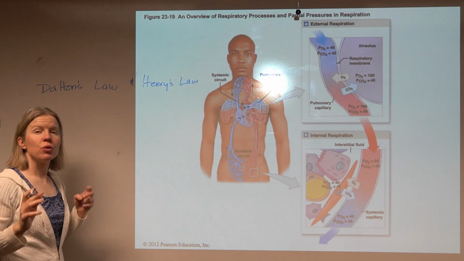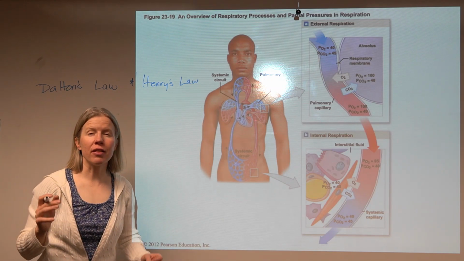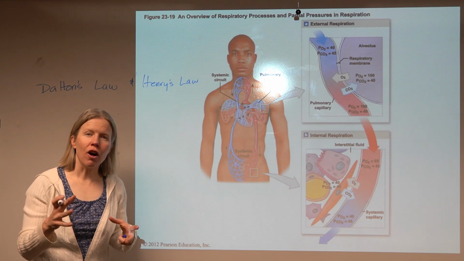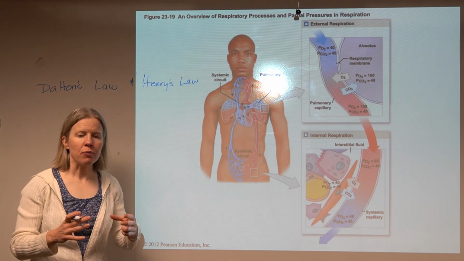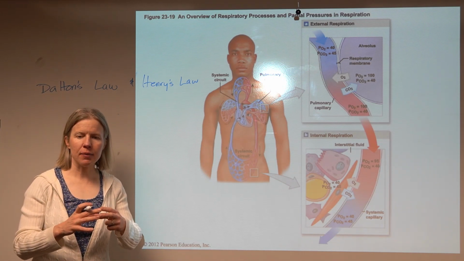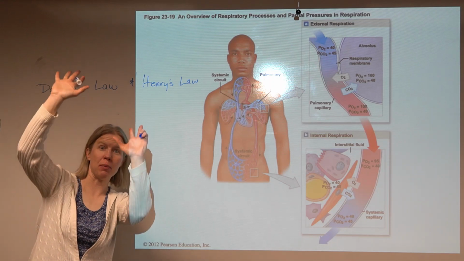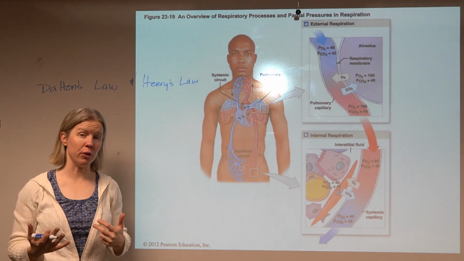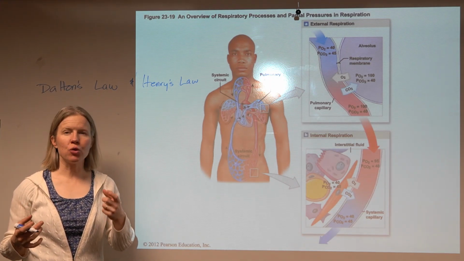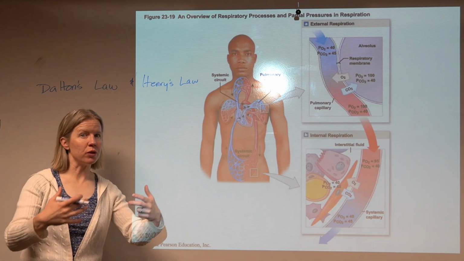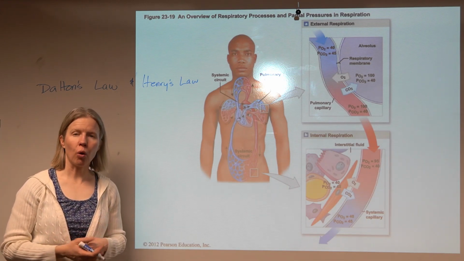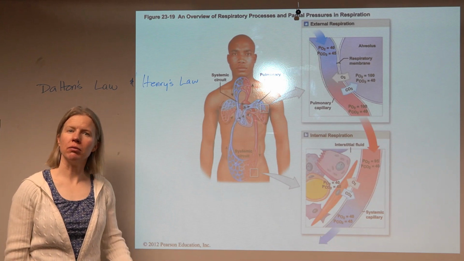Okay, so Dalton's law, I call it the duh law, but Dalton's law basically says when you're looking at atmospheric pressure, that pressure, that column of air on top of you, each individual gas contributes to that pressure according to the percentage it makes up in the atmosphere.